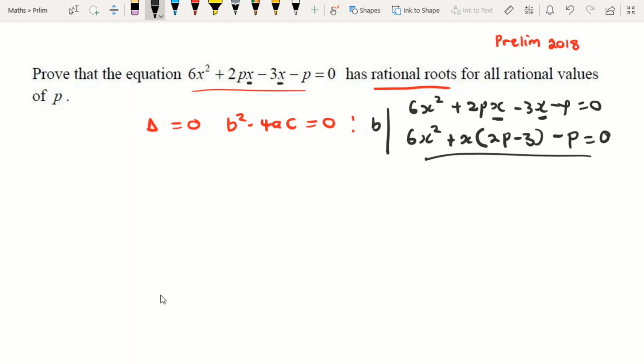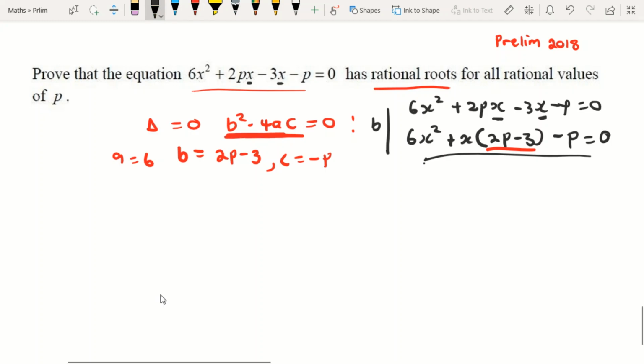Then we're done writing in the standard form, so we can now indicate that our b is equal to 2p minus 3, this one here, and then our c is equal to minus p, and our a is equal to 6, right? So we're just going to substitute that into our discriminant, which is b squared minus 4ac.